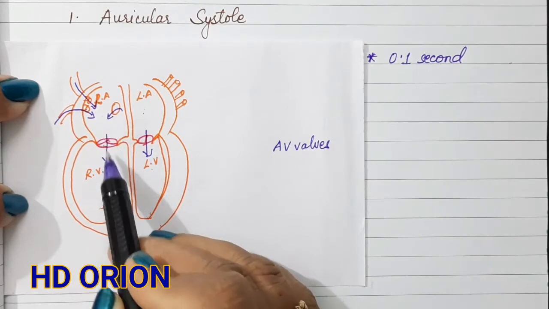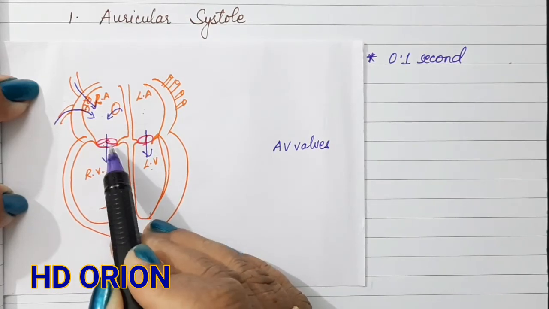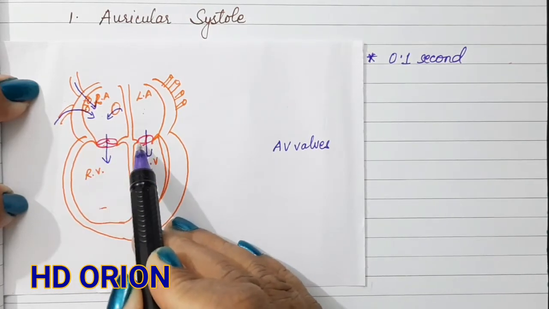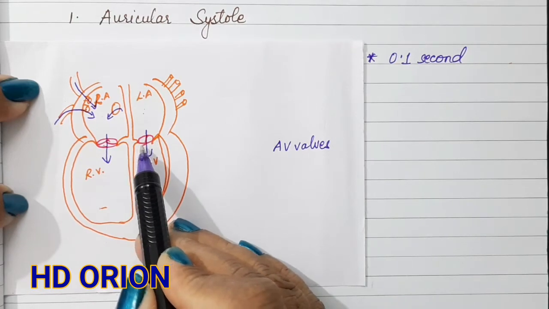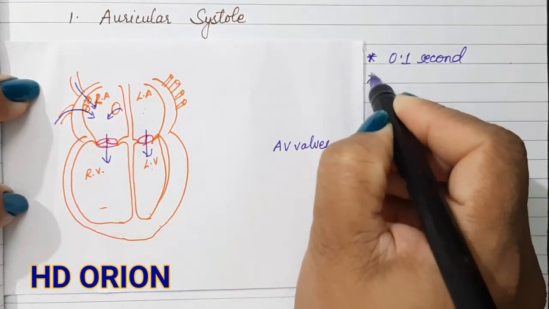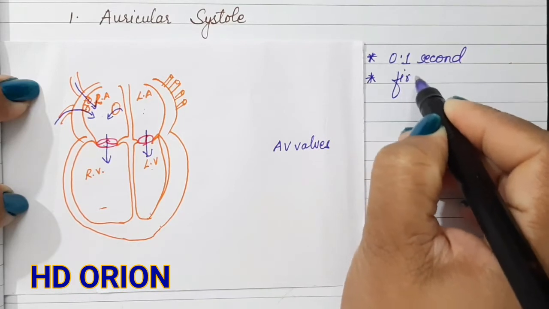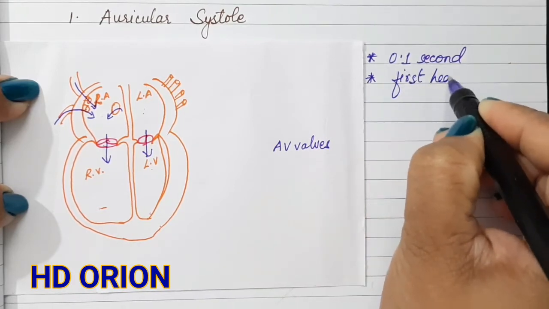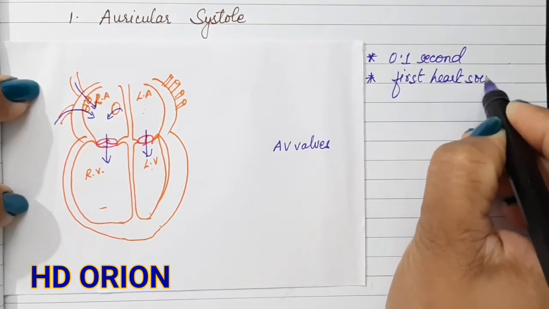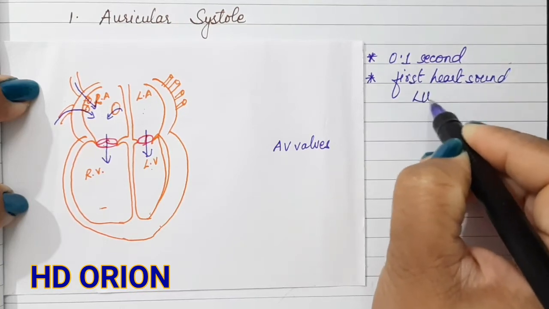When the blood has entered the ventricles, both the tricuspid and the bicuspid valves close with a sound.